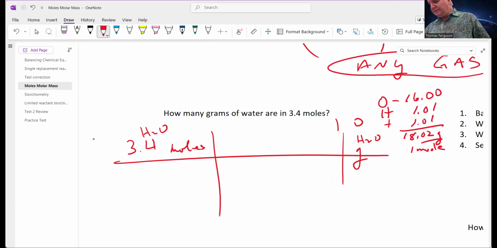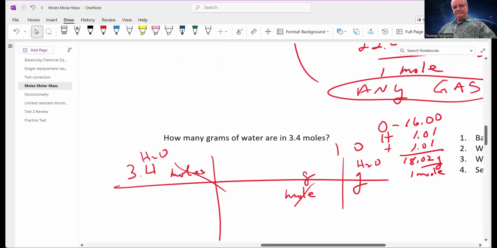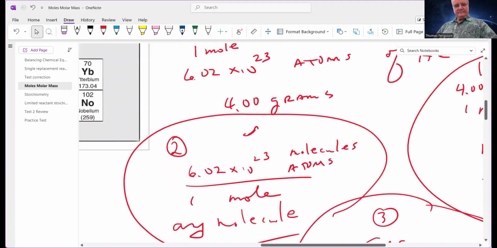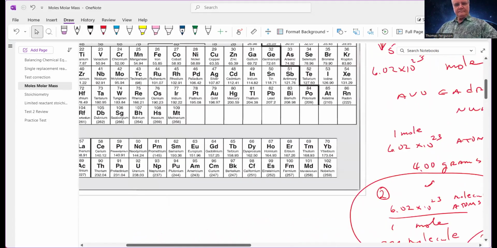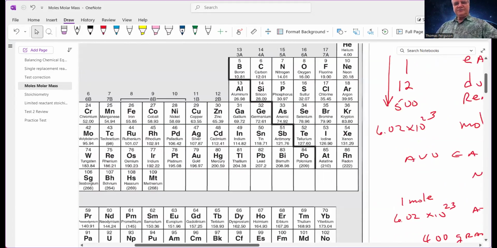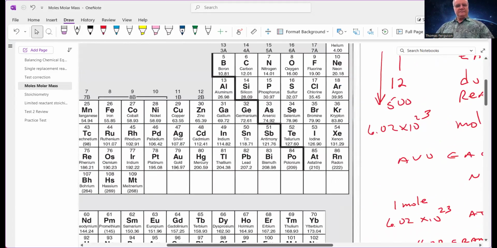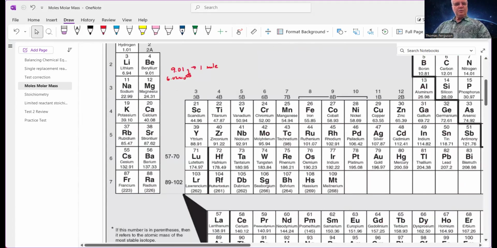Okay, so we've got to cancel the given. Grams on top. So we go to the periodic table. We have to know the formula for water. 2 H's, 1 O. So you look on the periodic table. Oxygen is 16.00. Hydrogen is 1.01.